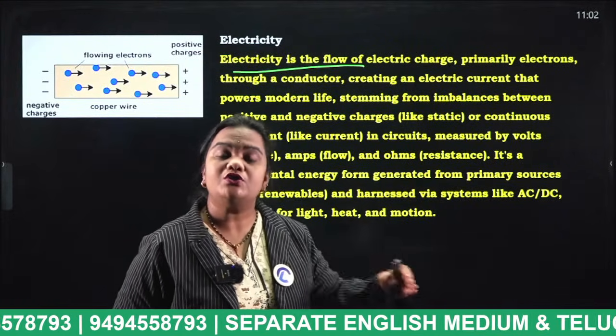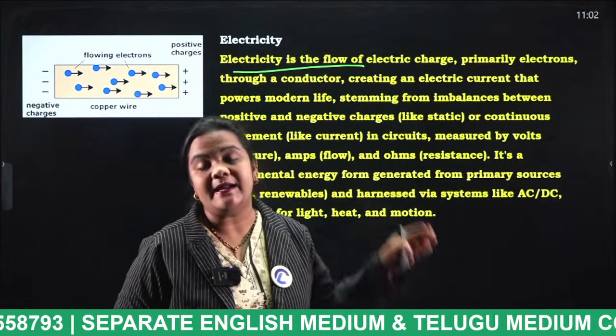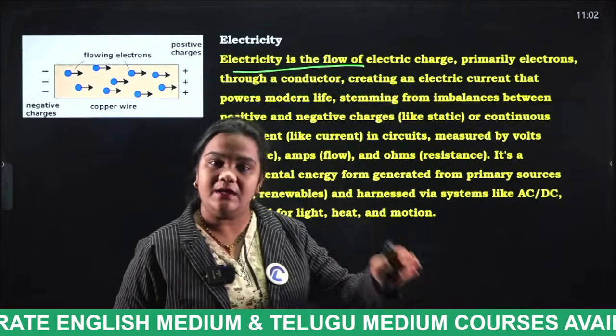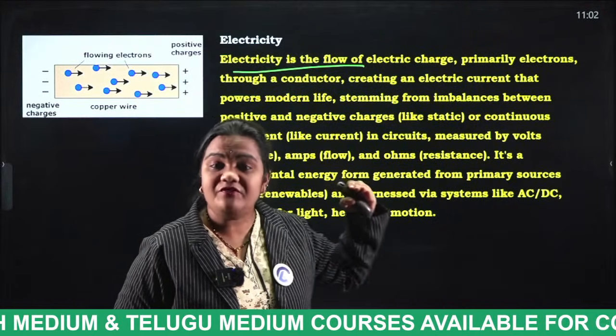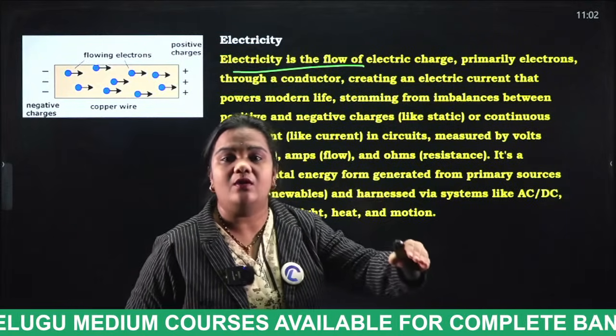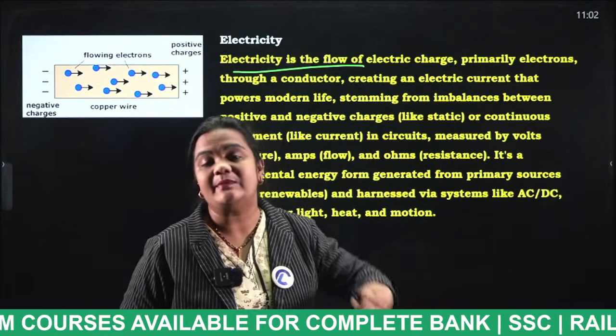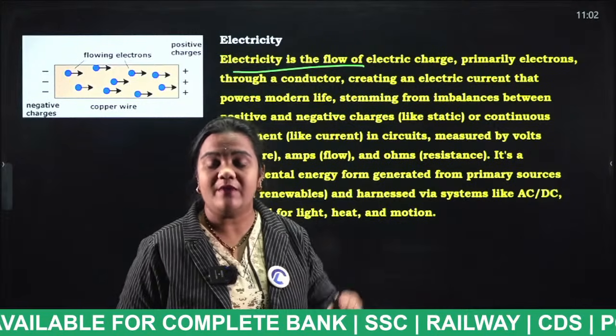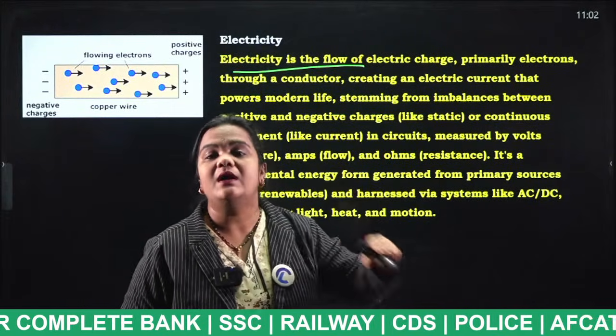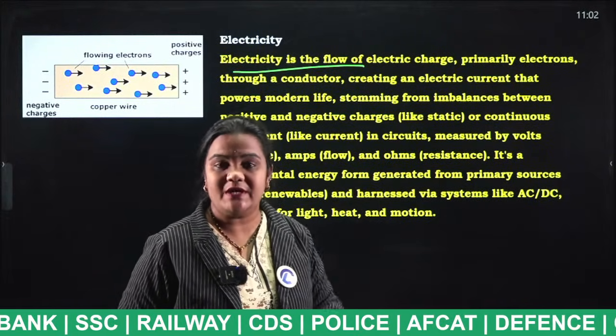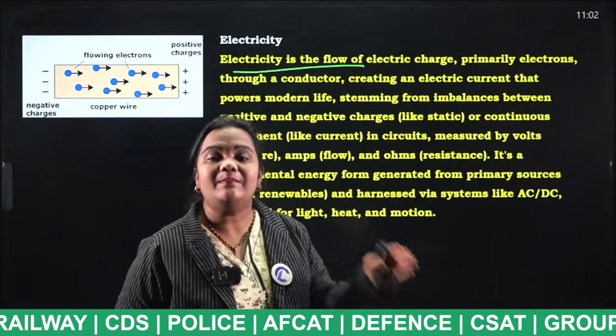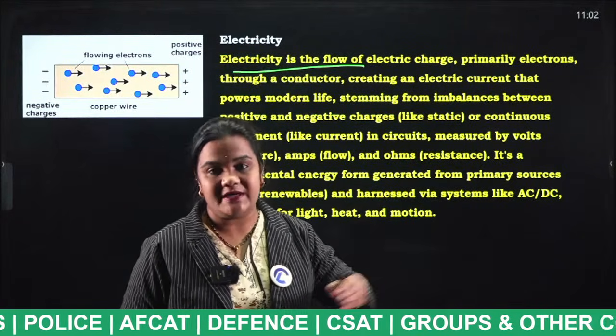Positive charge is considered as protons and negative charge is considered as electrons. Flow of charges through a particular cross section, that may be a conductor or anything. Flow of charge through a particular conductor is considered as what, students? Electricity. In that way the electricity will be generated.